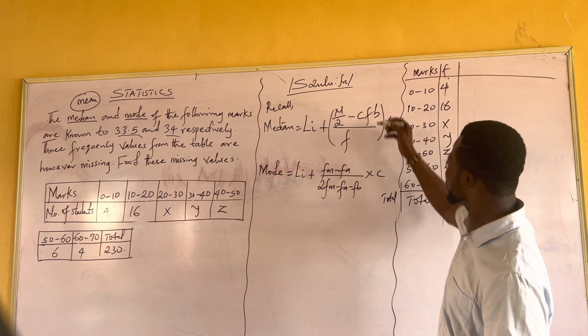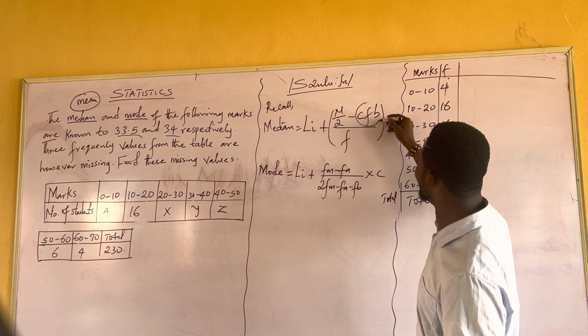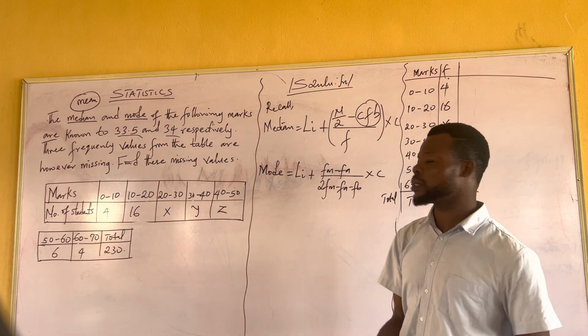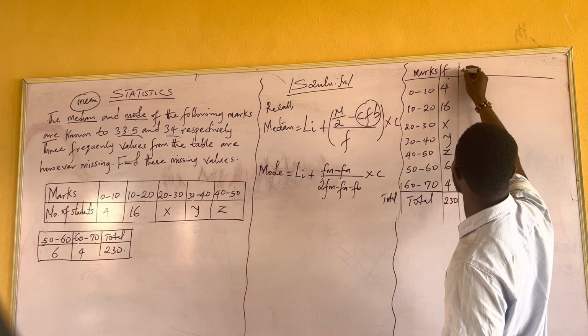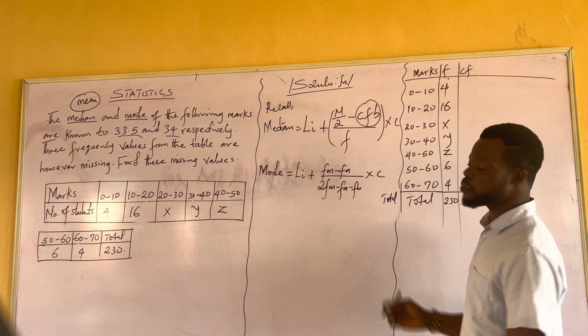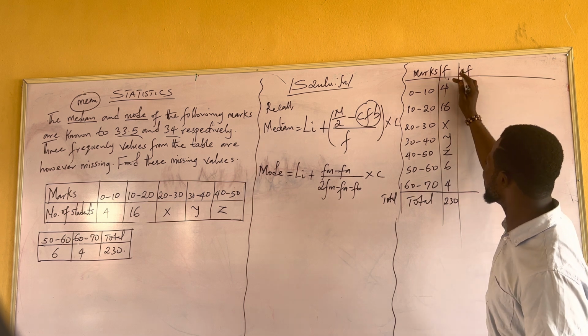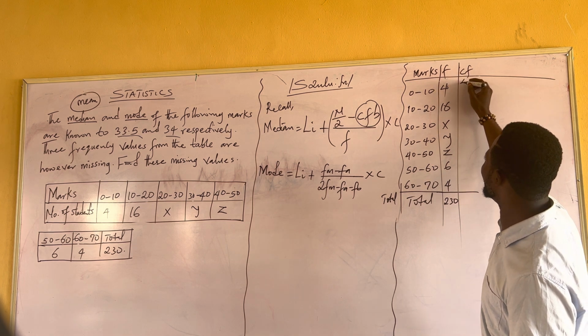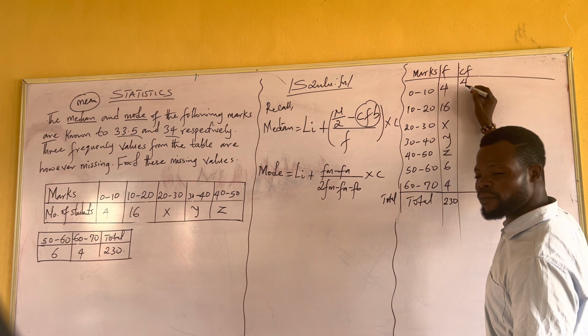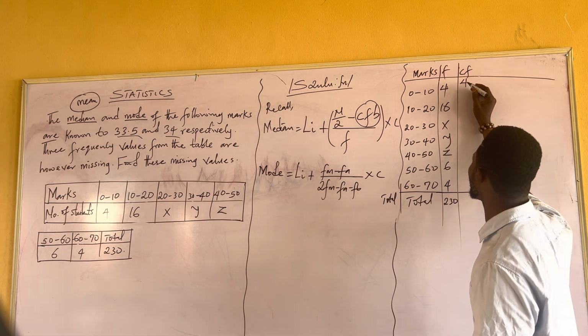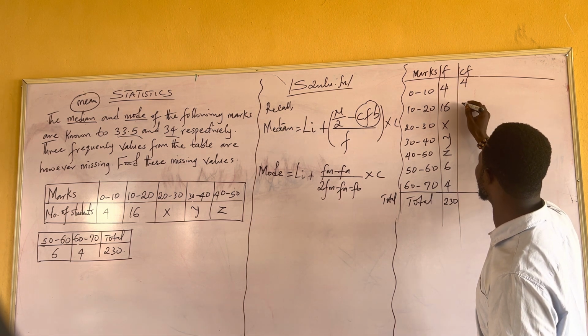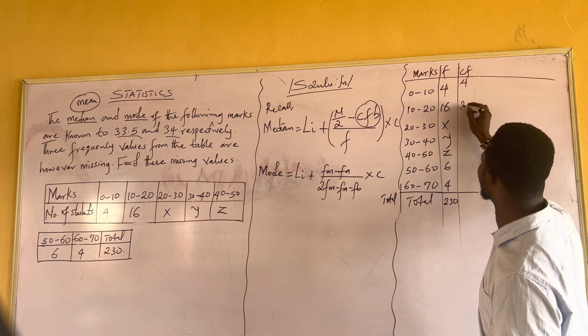So now, based on the formula, we need to find the cumulative frequency. CF stands for cumulative frequency. And how do we get cumulative frequency? We start with 4. We write 4 here. Then we add 4 to the next frequency: 4 plus 16 gives you 20.